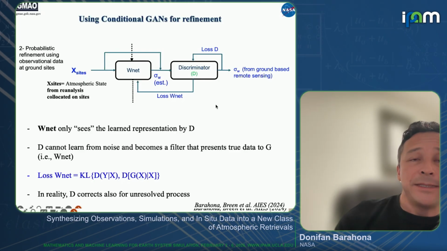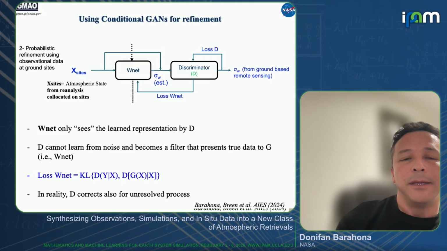That means that this guy is a filter. It only presents true data to the generator, in this case WNet. So we can say that WNet is learning only from the cleaned-up, filtered data. And that way we get rid of that experimental error that tends to derail all of these efforts.